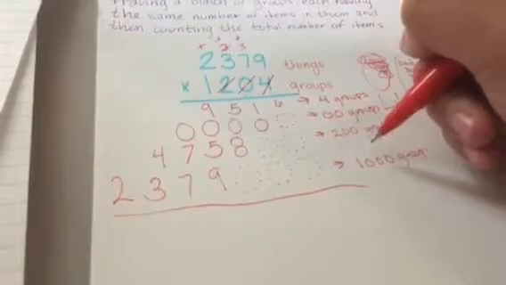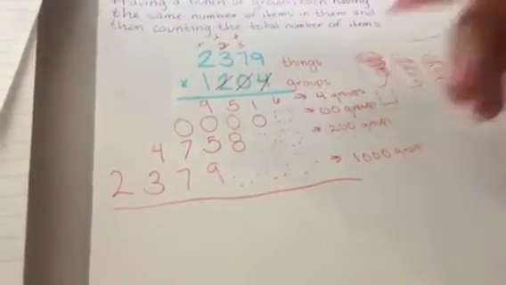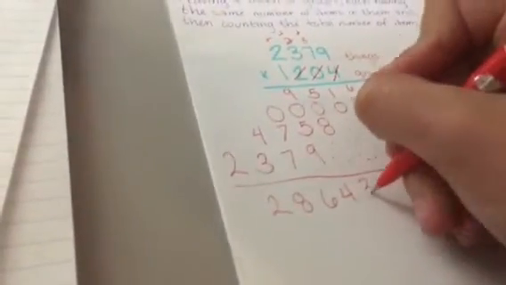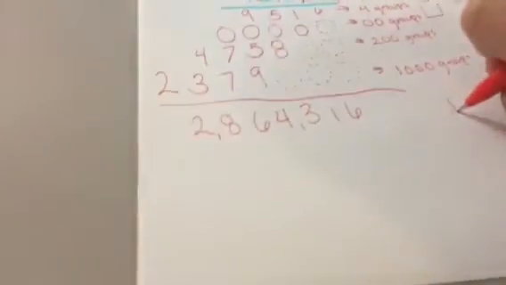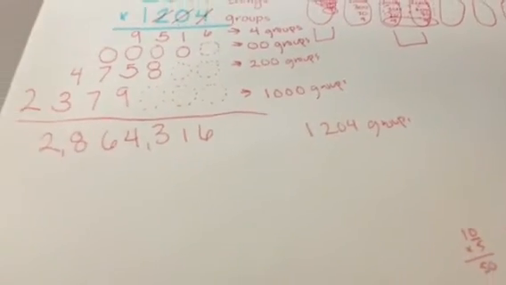So now I'm just going to go ahead and add up all these totals to get my final result. Okay, so once I add up my total, this is how much stuff is in the 1,204 groups.